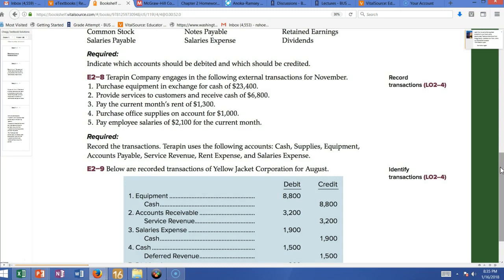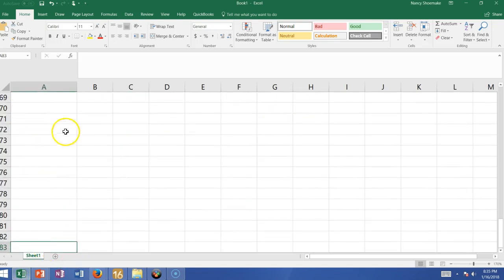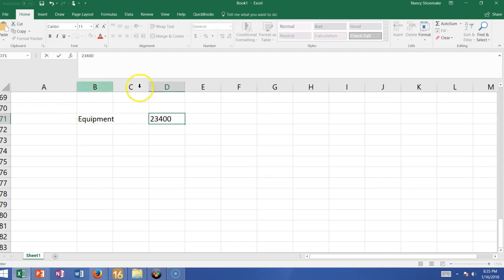Equipment and cash. What do we debit? What do we credit? We debit equipment. We credit cash. Right? So, I'm going to go back here to show you. We will show a debit to equipment for $23,400.